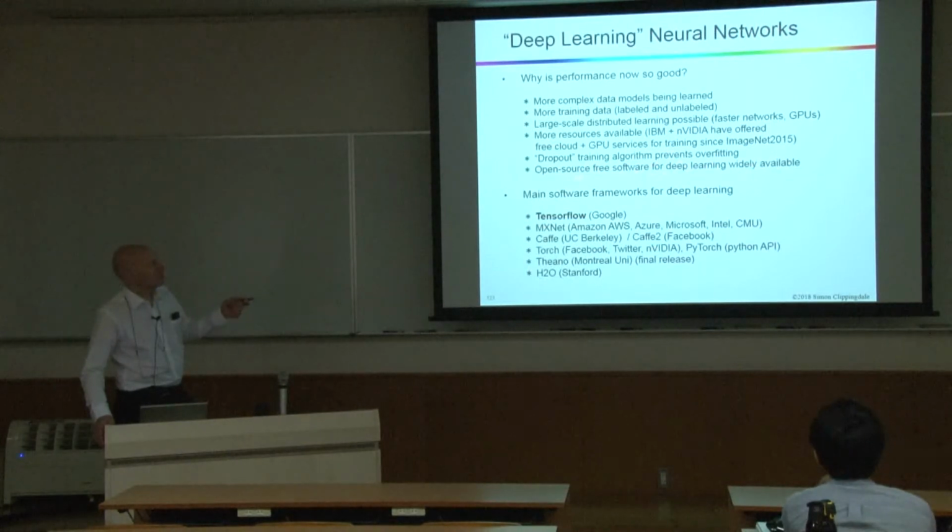All the software that runs on GPUs is open source and freely available. Not all of it, but there is a lot of it available. And there are now all these frameworks available specifically for deep learning. Google's TensorFlow is probably the most well-known one. There are others.